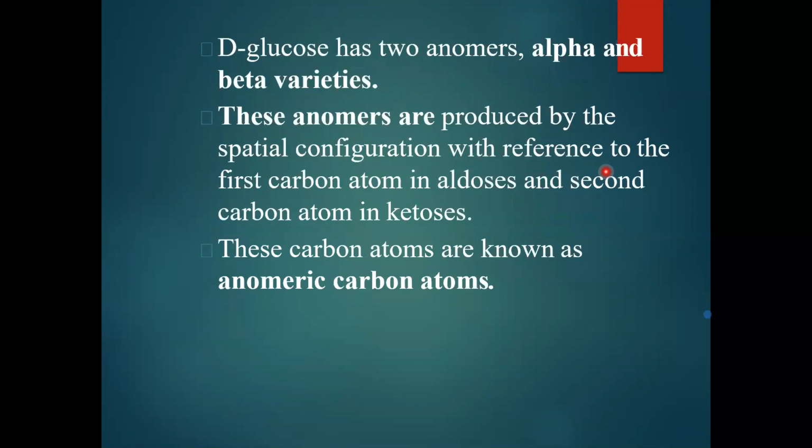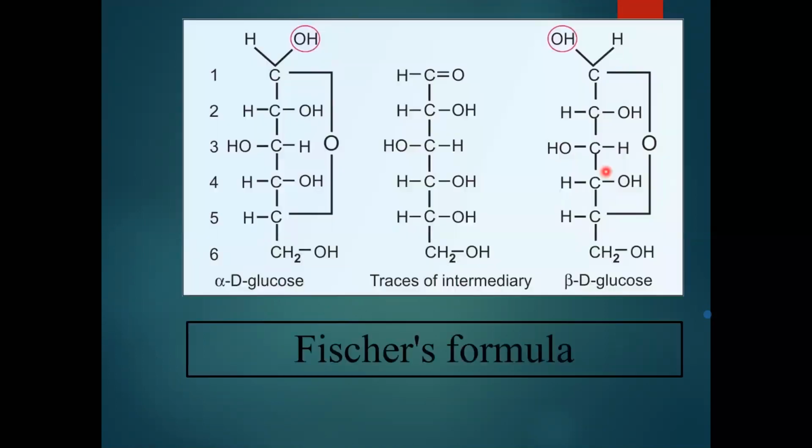D-glucose has two anomers, alpha and beta varieties. These anomers are produced with spatial configuration with reference to the first carbon atom in aldoses and the second carbon atom in ketoses. These carbon atoms are the anomeric carbon atoms. This is the structure of alpha D glucose, and this is the structure of beta D glucose.